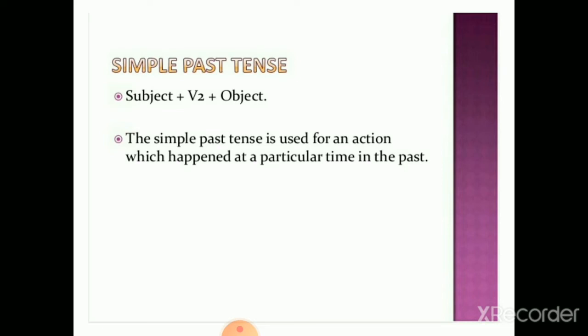But as we frame the negatives, we have to make use of the helping verb did, and did is a helping verb for simple past. Whenever we use did, it will always be the first form of the verb with did. The simple past tense is used for an action which happened at a particular time in the past.